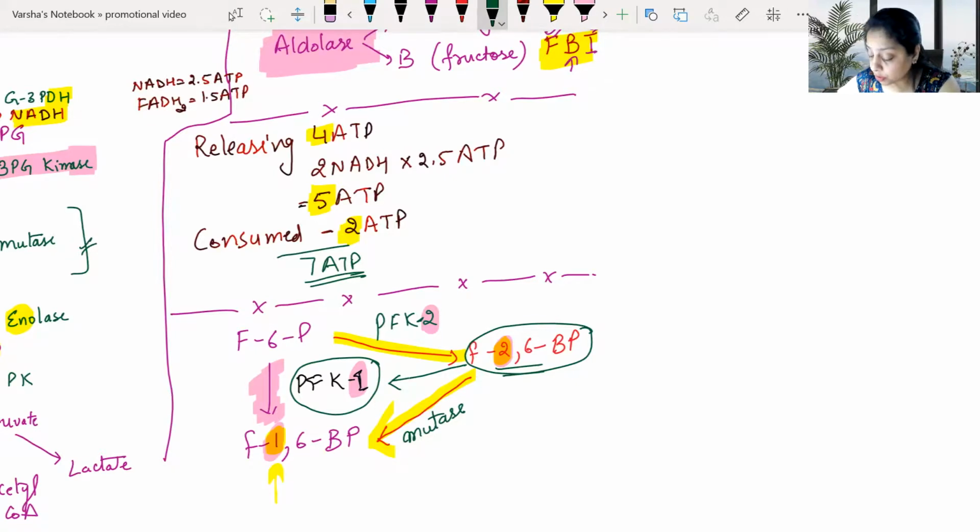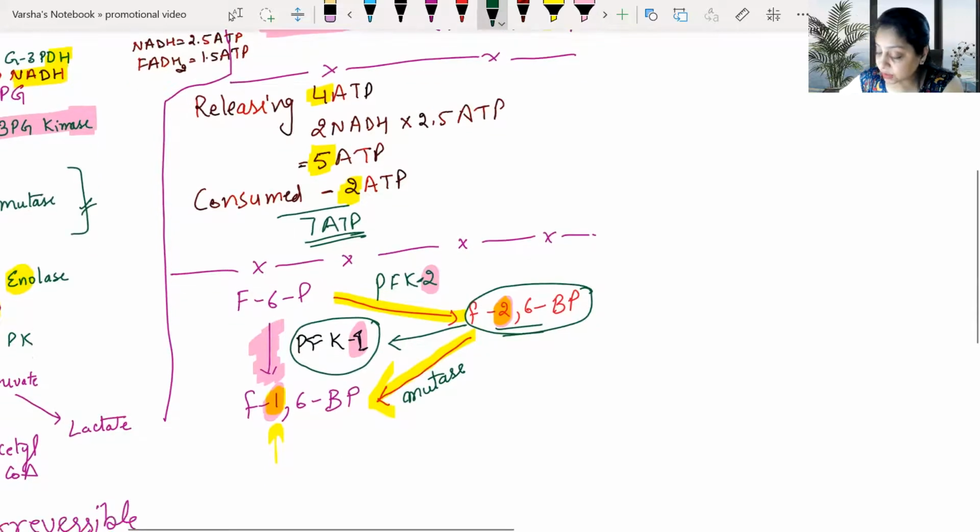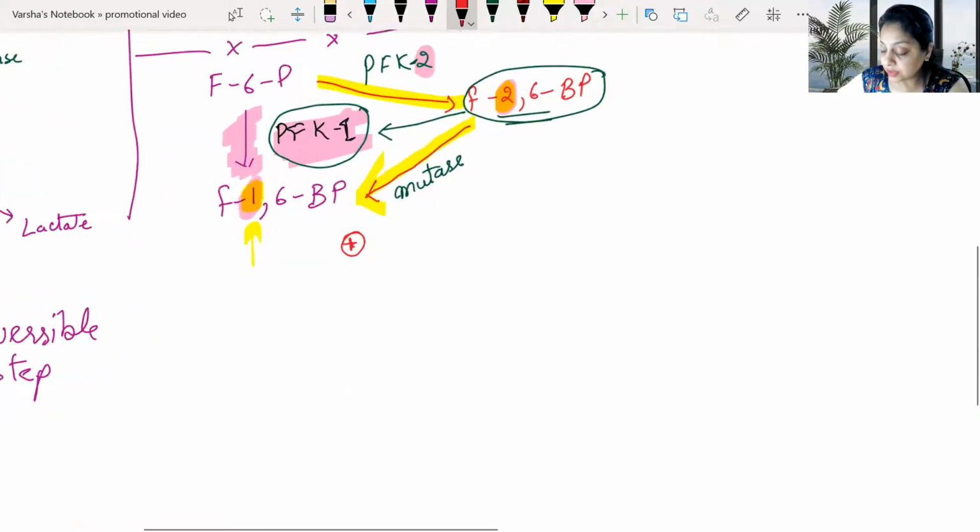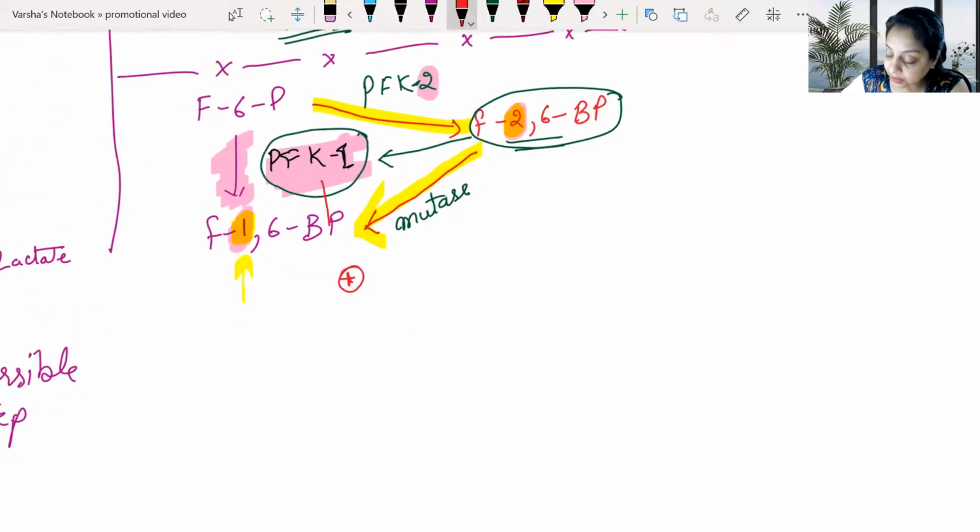And the beauty of PFK1, since PFK1 is our rate limiting enzyme, and that is an inducible enzyme, right? So remember, it is activated. Positive means it is activated. Who is being activated? PFK1 is being activated by whom? By fructose 6-phosphate, right? If the substrate concentration is high, this is being activated.